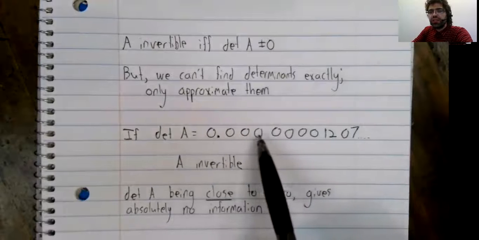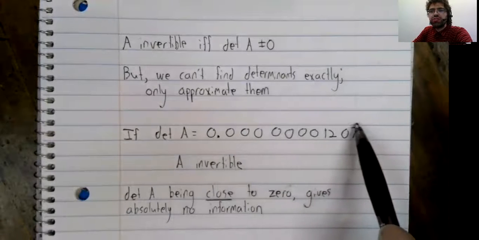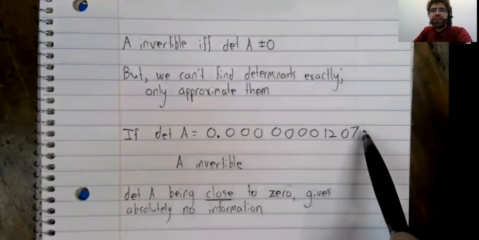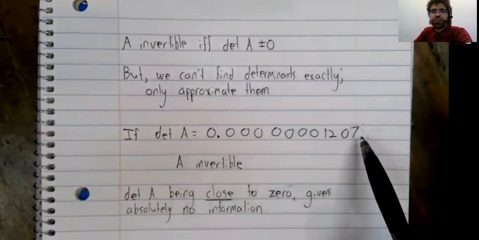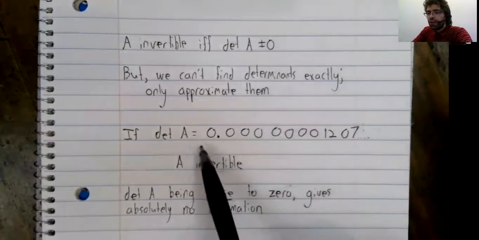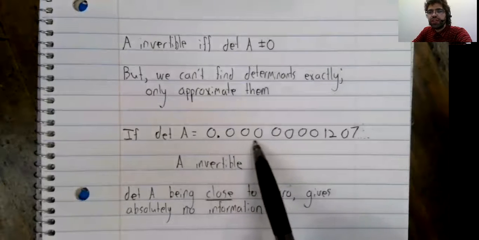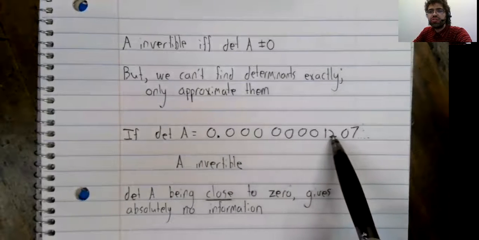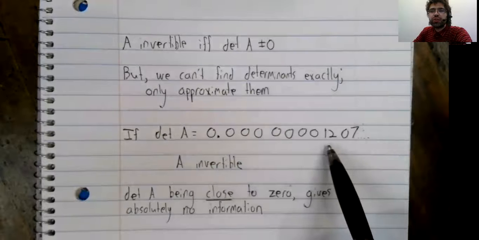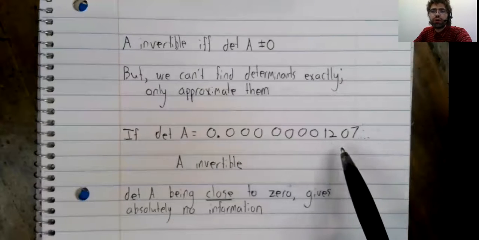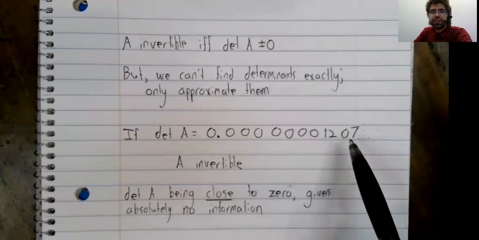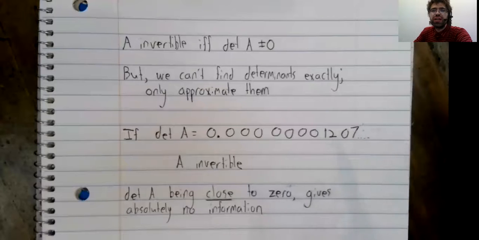Maybe the determinant being really close to zero means that finding the inverse is going to take longer than usual. Maybe it means that you're going to get a lot of numerical error when you take the inverse.